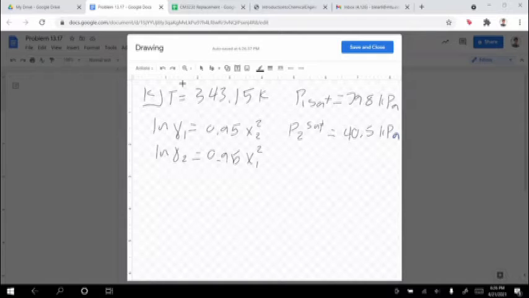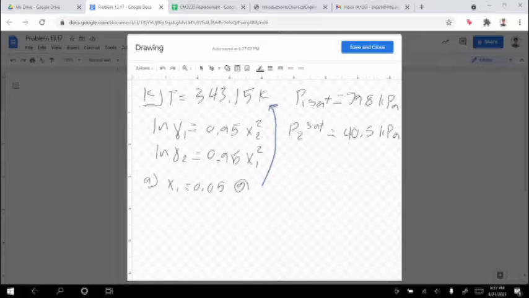All right, what else do we know? So from part A, we are told that the liquid fraction of component 1 is equal to 0.05. And this is at our temperature up here.